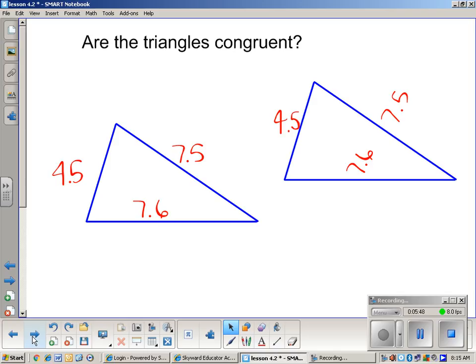Are these triangles congruent? Copy that down and we'll talk. So are these two triangles congruent? Silas, what do you think? I think, yeah. You think yeah? So what do we know about these two triangles that make you think they're congruent?